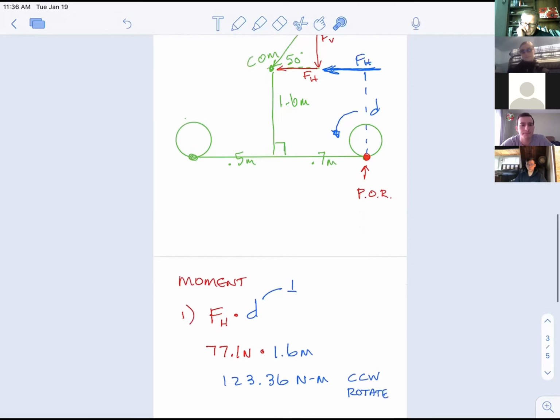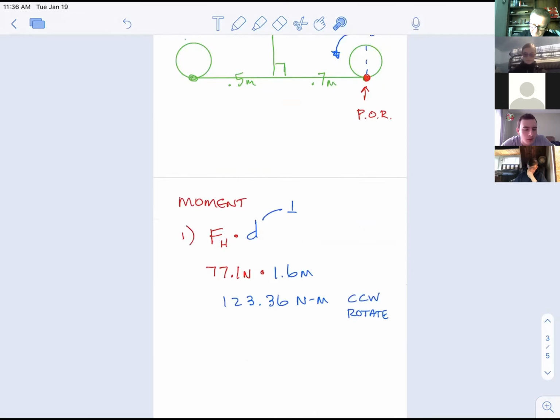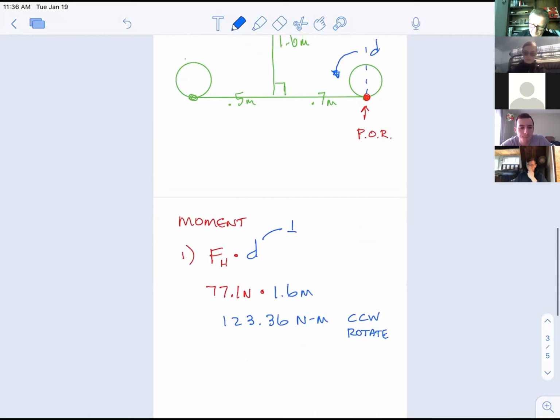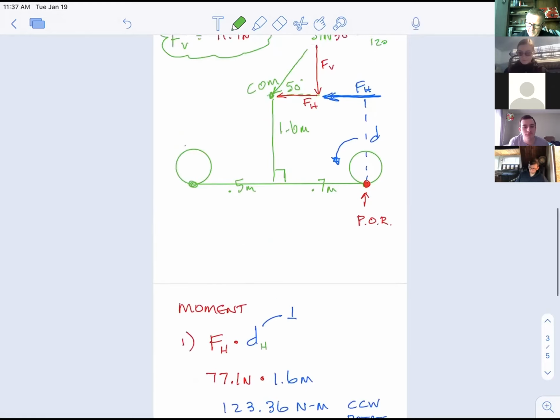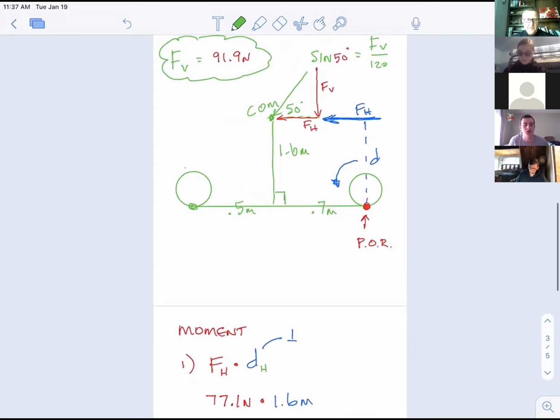Okay. So since there's a second force here, how am I going to get the force vertical times its distance? Maybe I'll say distance horizontal, distance vertical. How am I going to get that to happen? And this is exactly what Ben is asking.